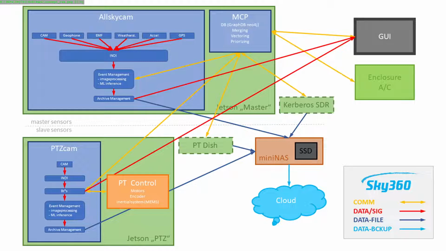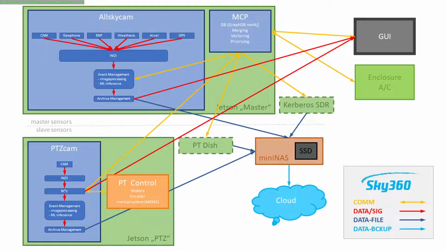In the event management, all data comes together, and if we take the camera as an example, the video stream is image processed and analyzed, and with machine learning capabilities we can detect movements in it, and therefore we can trigger something that we call an event, and this is directed to the master control program.